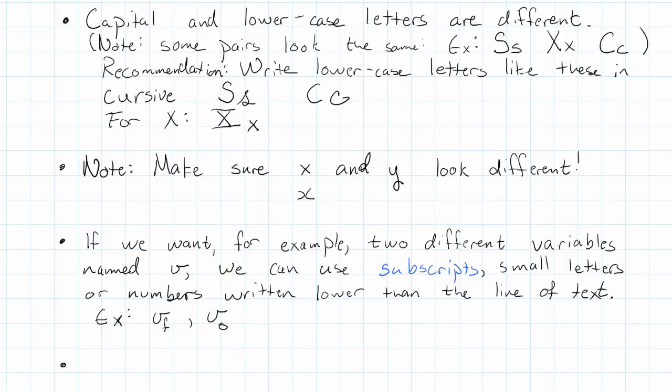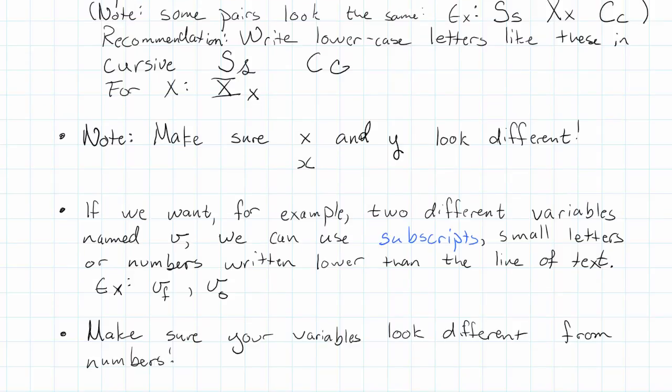A few things to be aware of. In addition to making sure that x and y look different from each other, make sure your variables look different from numbers. So, for example, if you have a variable named capital I or lowercase l, make sure those look different from 1.